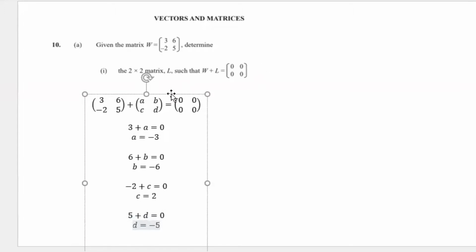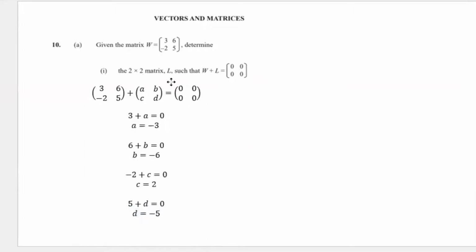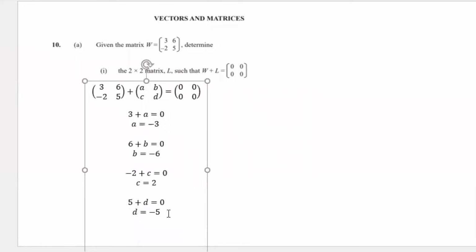So therefore, those are the entries for L, and that is what I was saying to you, that it was basically W being multiplied by negative 1. So it was 3 times negative 1 to give us negative 3, 6 times negative 1 to give us negative 6, negative 2 times negative 1 to give us a positive 2, and 5 times negative 1 to give us a negative 5. And that's basically what L is.